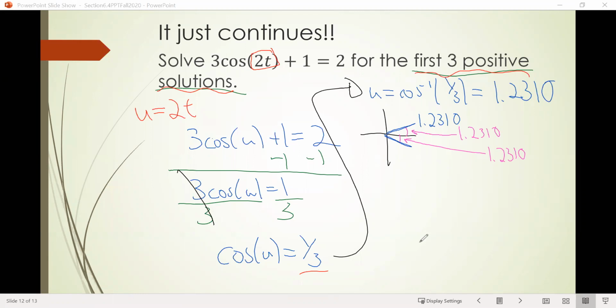We're measuring off the horizontal axis and using 2 pi since we've gone all the way to the fourth quadrant, so we do 2 pi minus 1.2310 radians. When we do that, we end up with 5.0522. That will be our second angle.